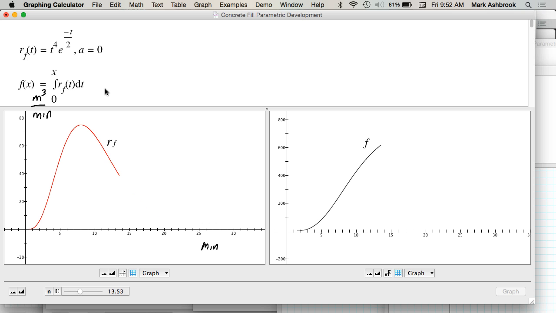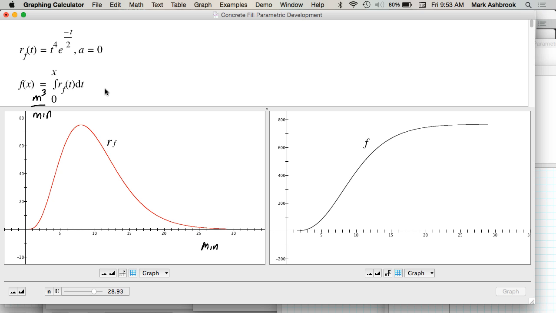Okay, so if you notice down below, there's an empty set of axes below these two graphs that you see here. Our goal here is to do something new that we haven't done before. Rather than have the rate as a function of time and the accumulation as a function of time, what about creating a relationship between the rate of change of volume and the volume?